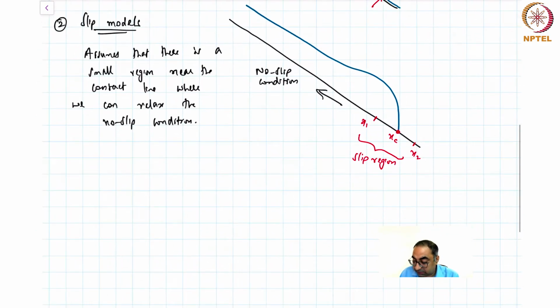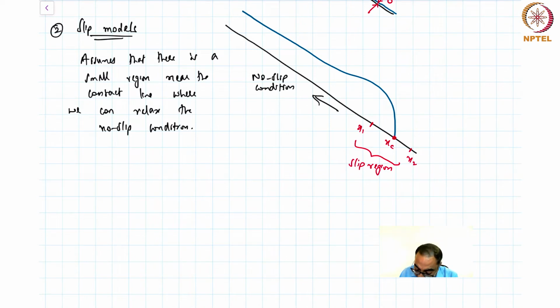The exact details vary between various slip models, but the general feature is that there is a small region within which you can relax the no-slip condition. The common slip boundary condition that one can employ would be the Navier slip condition.